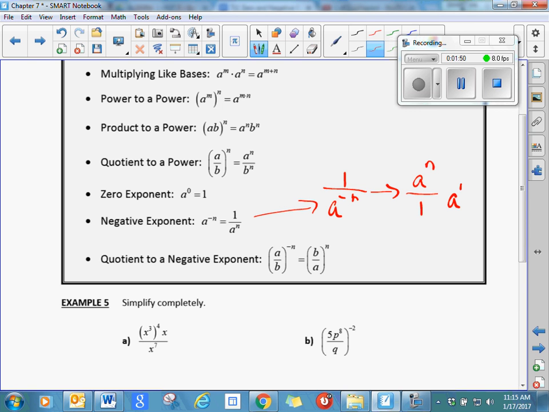So this would just be a to the n, because we don't have to write the 1 when the denominator is 1. Last rule, when we had a quotient to a negative exponent, only to a negative exponent, we did the reciprocal of the fraction inside the grouping symbol, made the exponent positive, and then simplified normally.